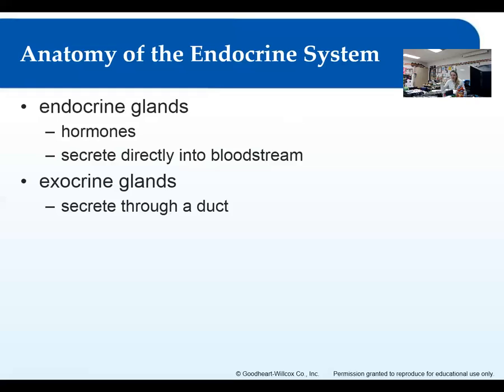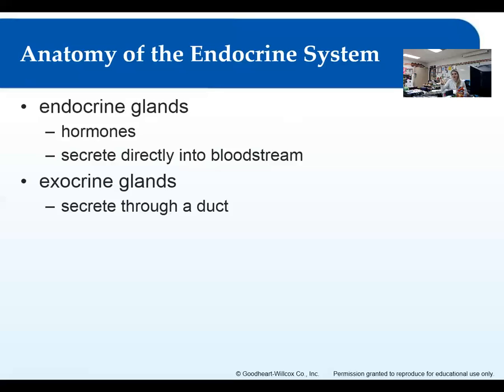Some processes specifically affected by the endocrine system that we know of: carbohydrate, fat, and protein metabolism, so how our body is able to use those nutrients. Water and electrolyte balance is all hormone controlled. Reproductive activity, of course, is hormone controlled.